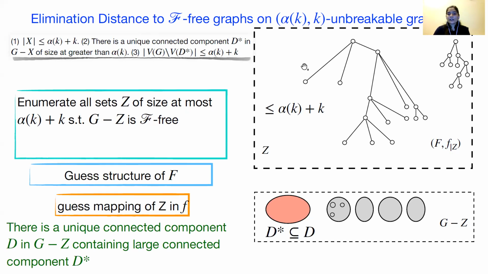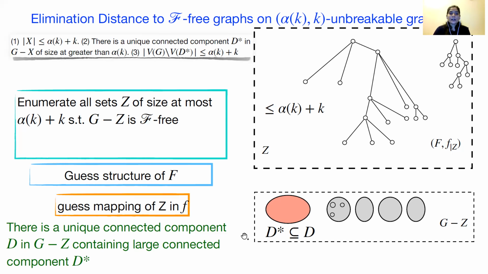After we do all these steps, observe that each connected component in G minus Z is F-free. That is, it does not contain any graph in F as an induced subgraph. Also observe that there is a unique connected component in G minus Z that would contain our large unique connected component D star, which will be in the final solution.